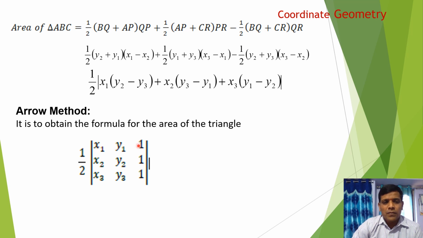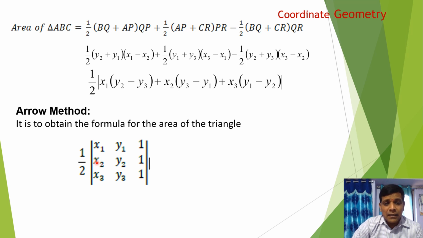What are the remaining values? y2 into 1, cross multiplication, y2 into 1 is y2, minus y3 into 1 is y3. So x1 into (y2 minus y3). After that, second row, first value x2, right?